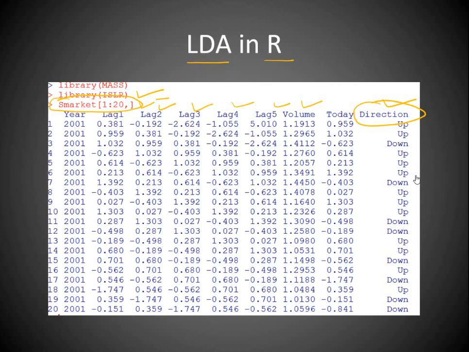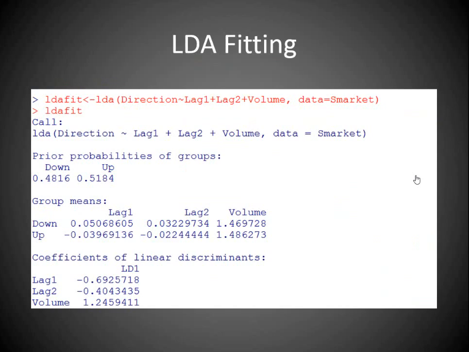So we'll use linear discriminant analysis to find out the probability that a stock price is going to go up or go down, given the information of lag 1, movement of price, lag 2, and the volume of trade. So how are we going to do it? Well, we're going to use the function lda to do that.